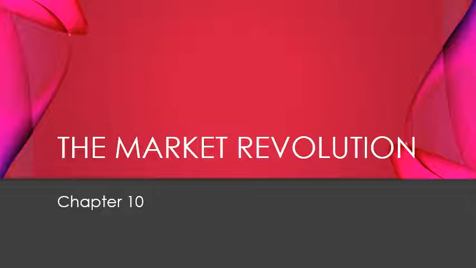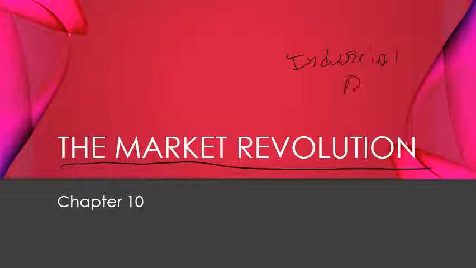All right, so here we are starting off on chapter 10, which is going to talk about the market revolution, or as the chapter I think calls it, America's economic revolution. Some people refer to it as the Industrial Revolution, so it's kind of complicated. There are two industrial revolutions that happened during the 1800s.